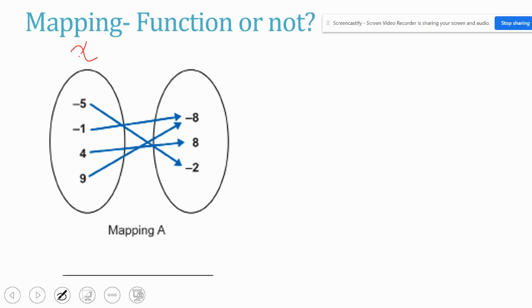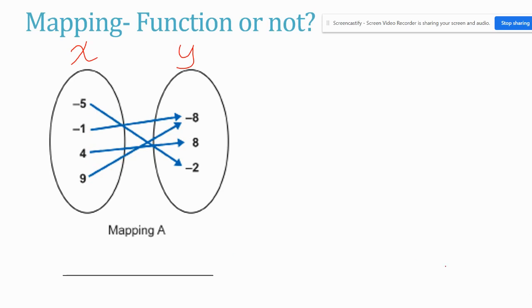So this is x, and this is y. So we see -5 goes to -2, -1 goes to -8, 4 goes to 8, and 9 goes to -8. So we can see that these x values are all going to different y values. So that means none of them are repeating.